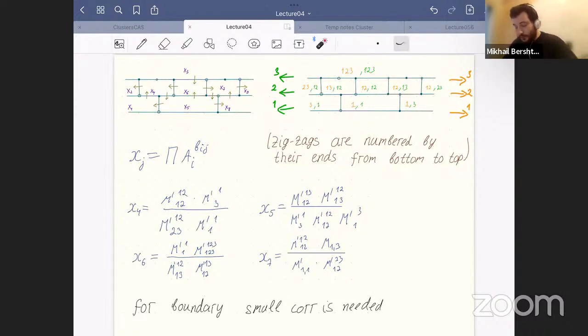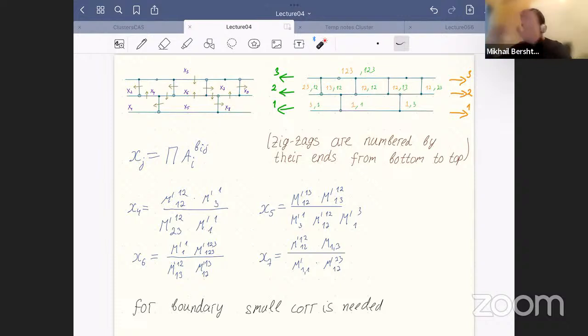I'm not going to write down this explicitly, but in words, it will still be a monomial transformation. We'll have products of the A variables, and this product will equal some of these x variables. But for A variables which correspond to the boundary, we will have to somehow change the powers.